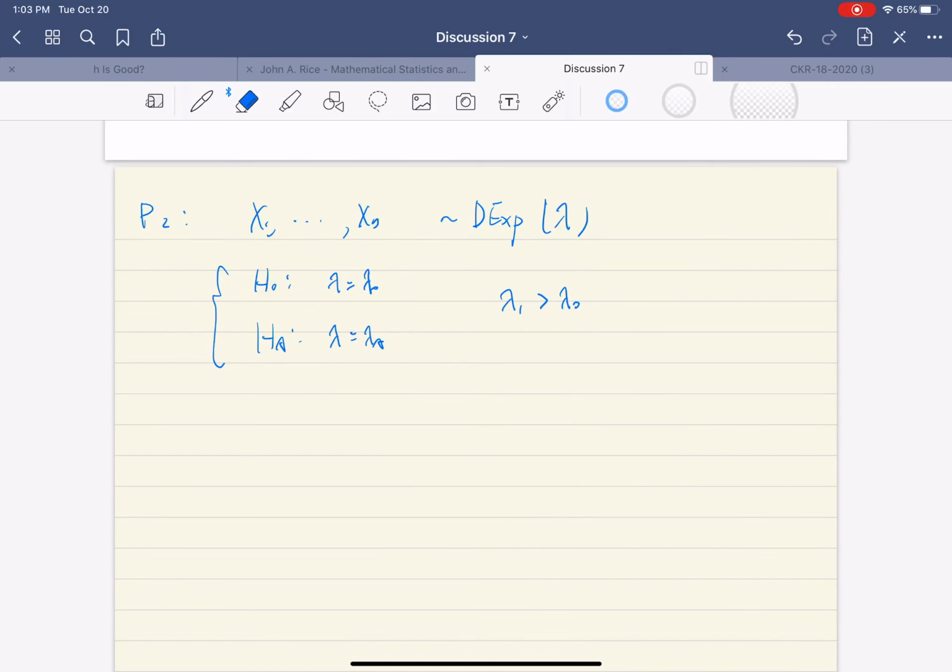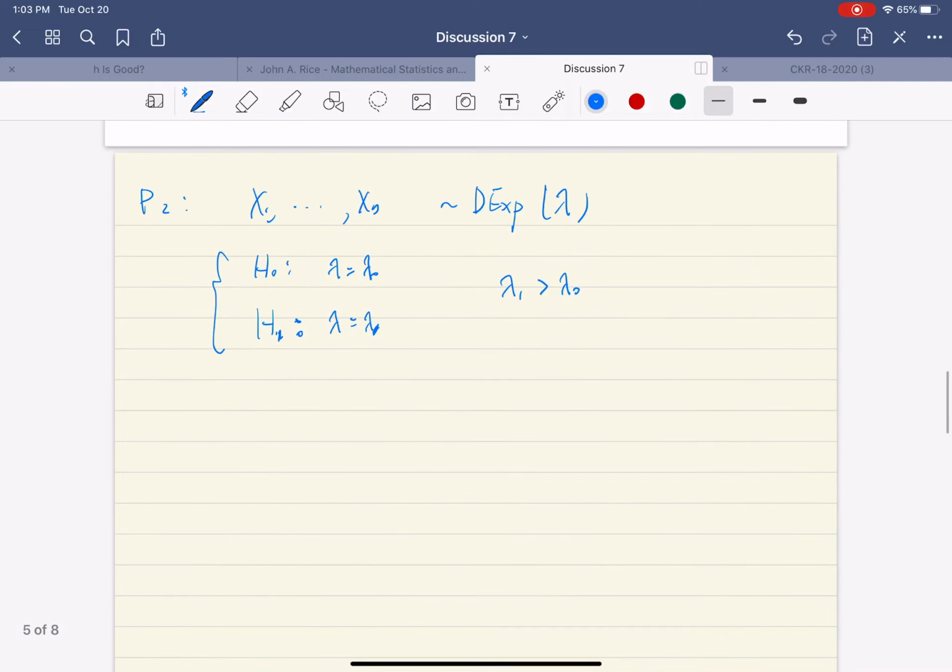Then we want to derive the likelihood ratio test. So step 1, we have to find the test statistic.